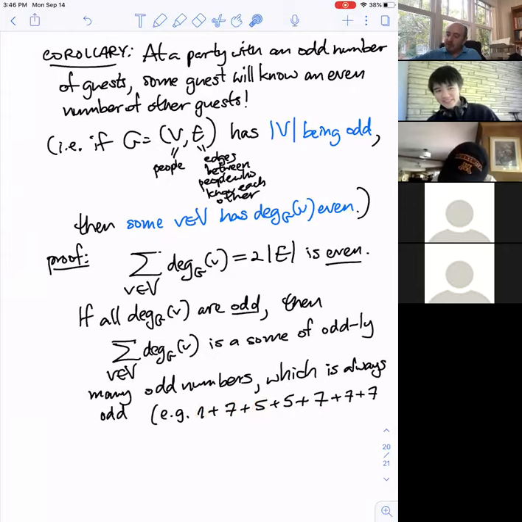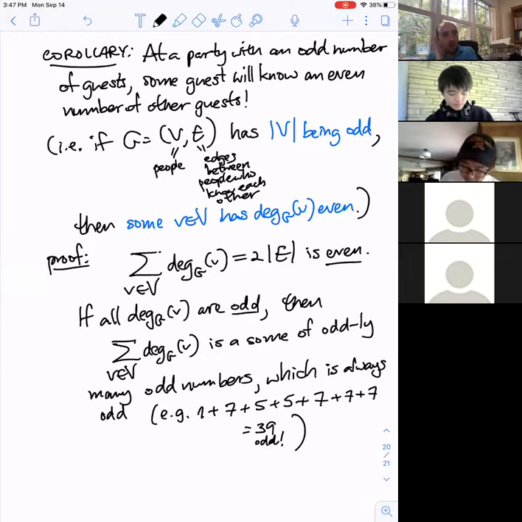That always adds to an odd number. What number does it add to? 28 plus 38, 39. Okay, so convince yourself of that. If you take a bunch of odd numbers, all of them odd, and there are oddly many of them, oddly many terms, the sum is going to be odd. And so that would contradict that they sum to something even.